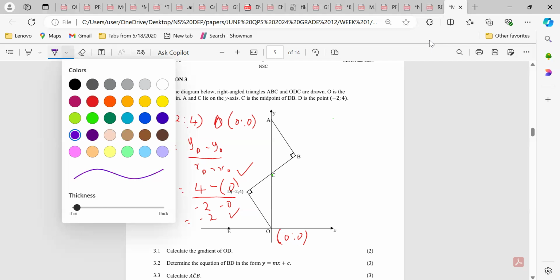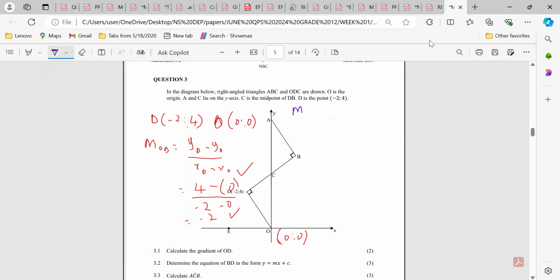So I'm going to say that m of OD multiplied by m of BD gives us -1. And we know m of OD is -2, multiplied by m of BD. We divide both sides, and m of BD is going to be 1/2. They will give us a mark for this.